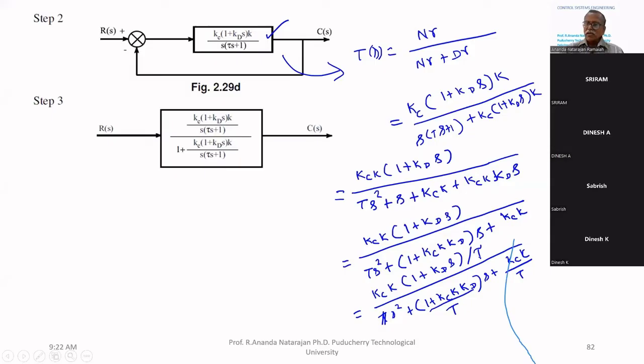Now we are writing in natural frequency form. Let us assume no proportional controller. That is Kc equal to 1.